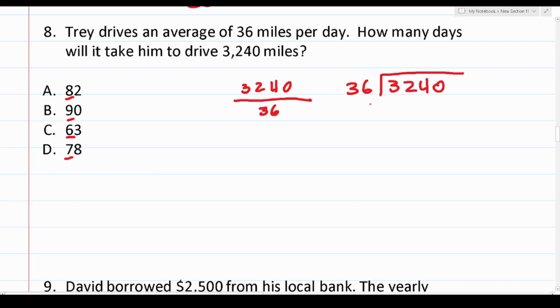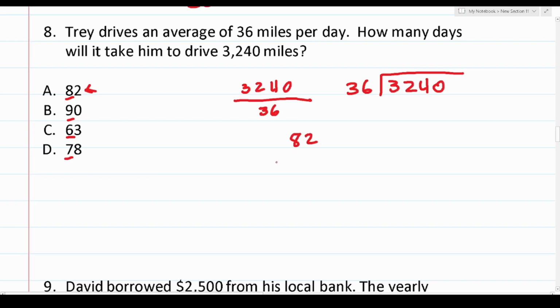So 36 times 9 is going to be probably over 324. 3 times 8 would be 24. Therefore, 36 times 8 is going to be close to 324. So let's go ahead and see if 36 times 82 will give us 3,240.